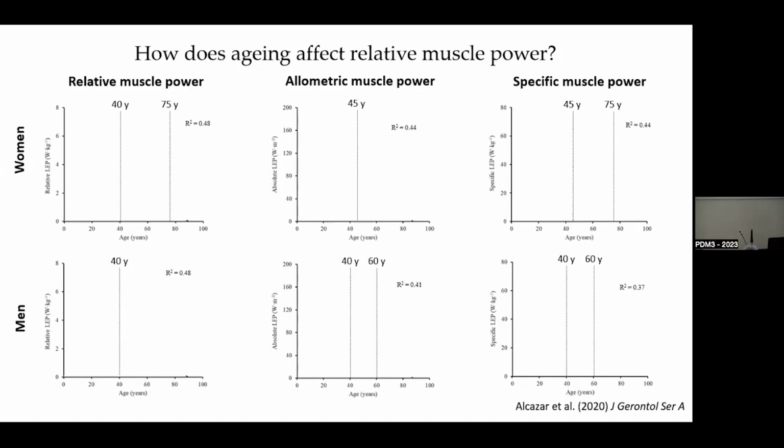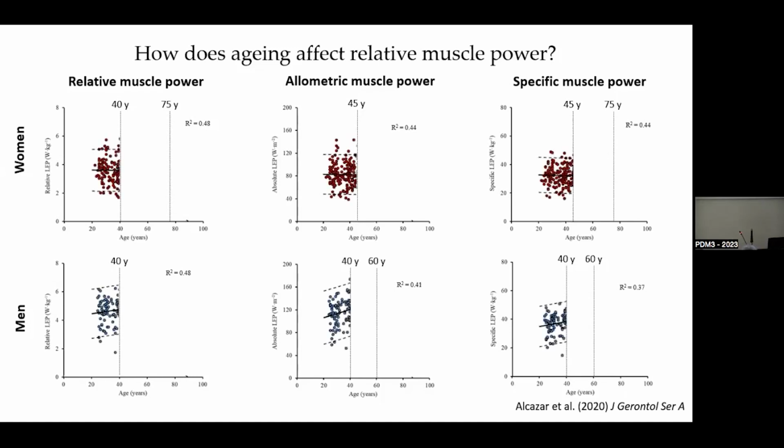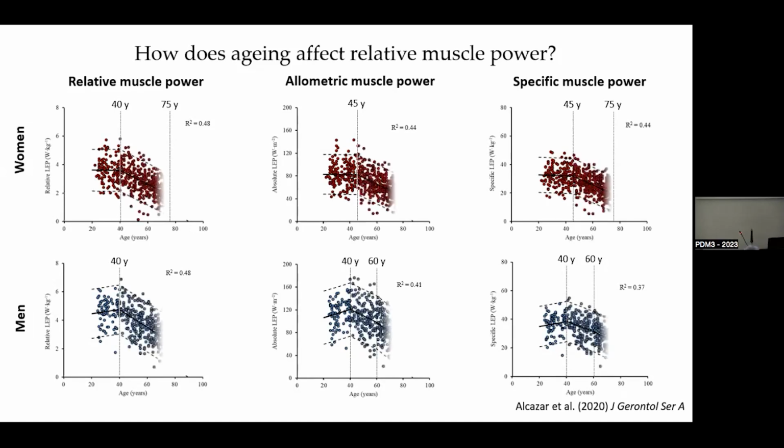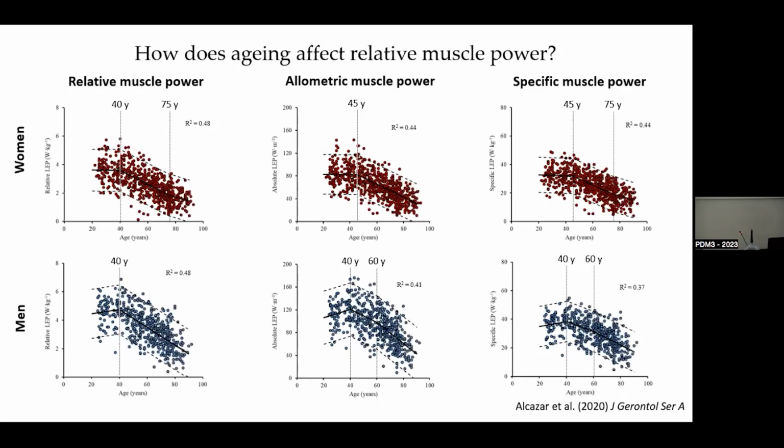Using a piecewise regression analysis, instead of applying a linear equation to the whole data, we observed that before the age of 40 years, in both men and women, there is no change in relative muscle power or allometric muscle power or specific muscle power. After that age, we can observe a progressive decline in all muscle power measures.